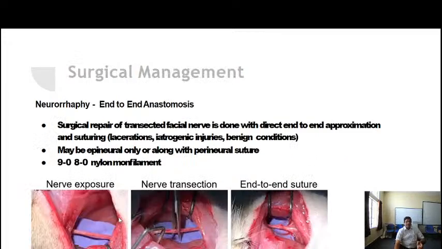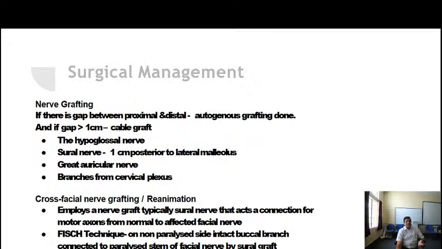And second is neurorrhaphy, as I told you, when there is a complete section of the nerve, the two ends are sutured by 9-0 or 8-0 nylon monofilament. Then the nerve grafting. Nerve grafting is done in conditions where the gap is more than 1 centimeter.